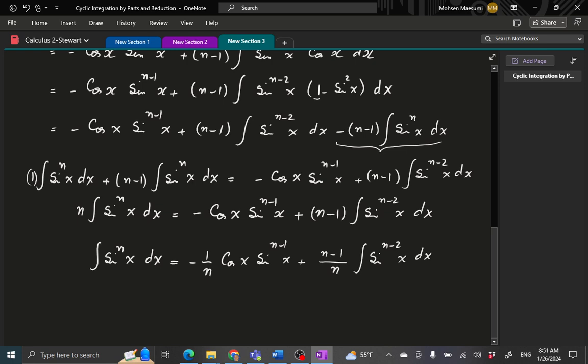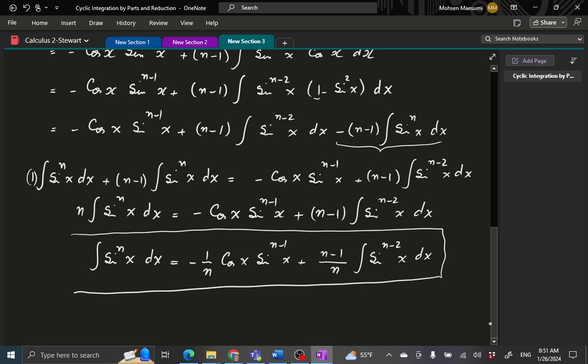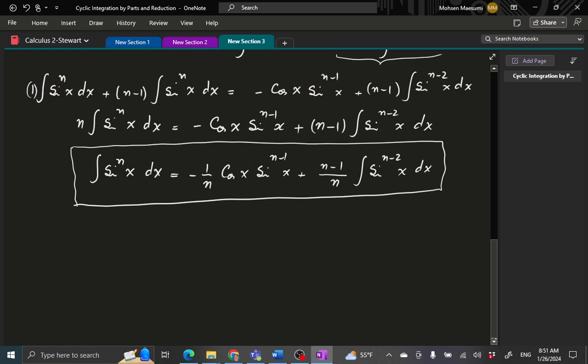We saw the cyclic manifestation: the same integral showed up on the right hand side. We take it to the left and combine, and we achieved reduction, meaning the power went down from n to n minus 2. That is an example of the topic for today: cyclic computation plus a reduction.